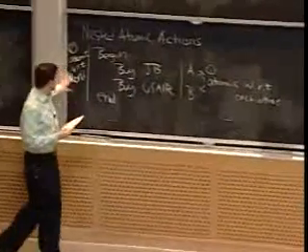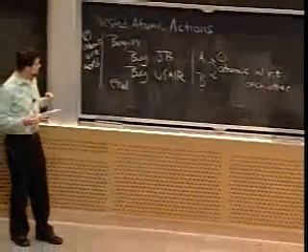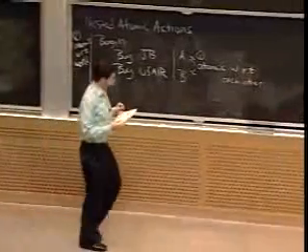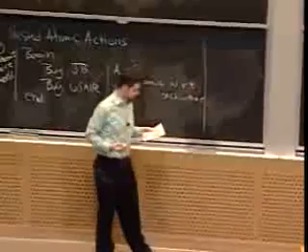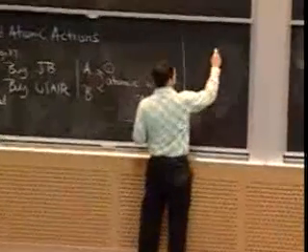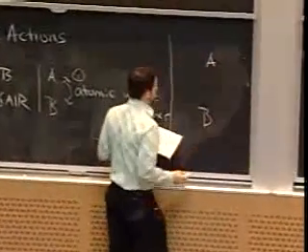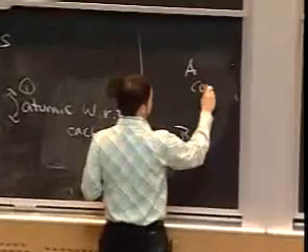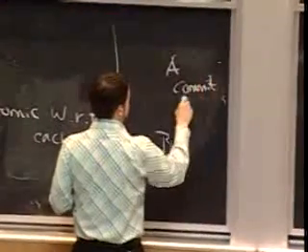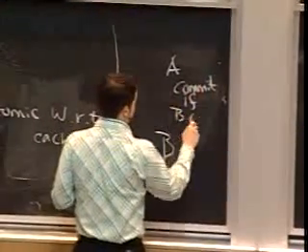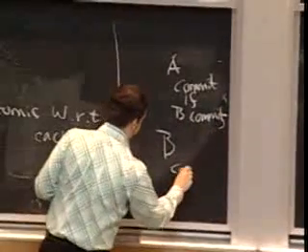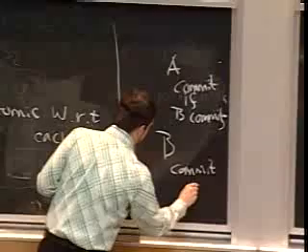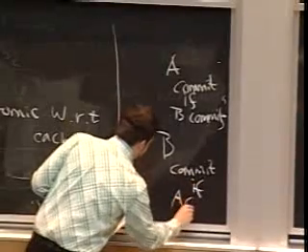Okay, so if you think about what's going on here for a minute, the condition that we want is, we've got A and B, and we want A to commit if B commits, and we want B to commit if A commits.